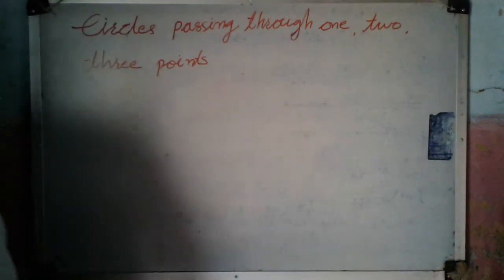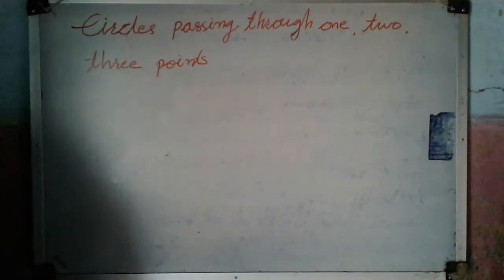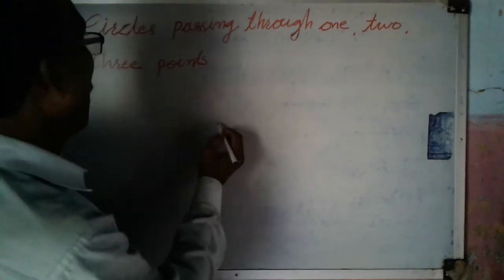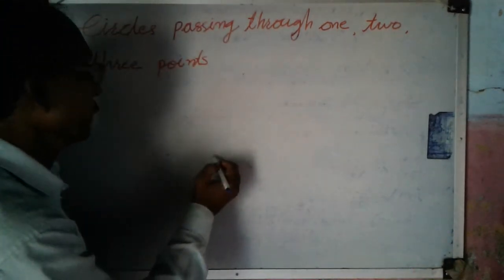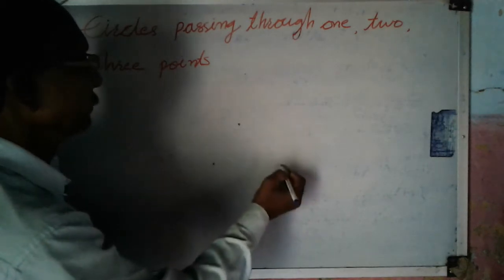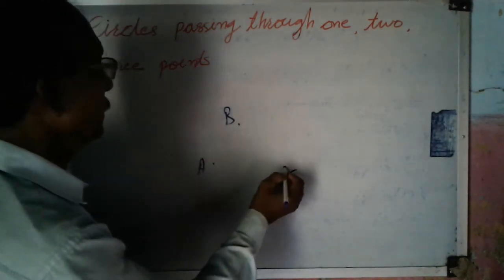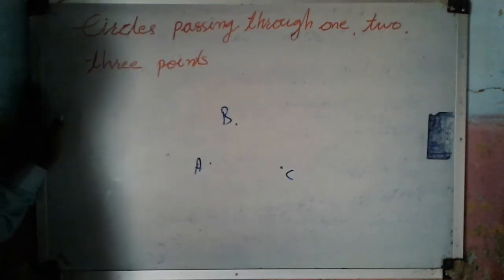Now, three points which are non-collinear. Suppose these are the 3 points, point A, B, C. These are non-collinear points.